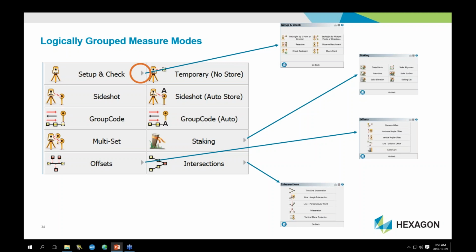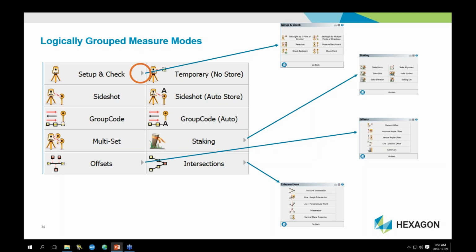And then because you can't fit 20 items on one page, we've had to introduce some submenus, and as a result we now have an indicator of where those submenus will be. So for example, on this slide here, setup and check is a new category within the measure modes, which will have all your setup and check related routines within that group.